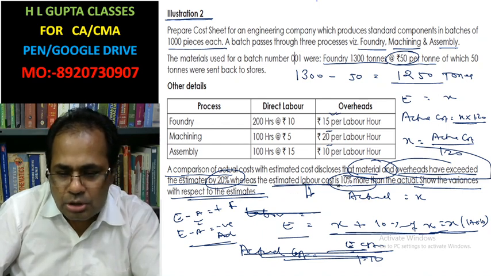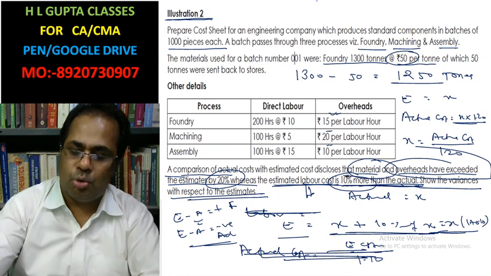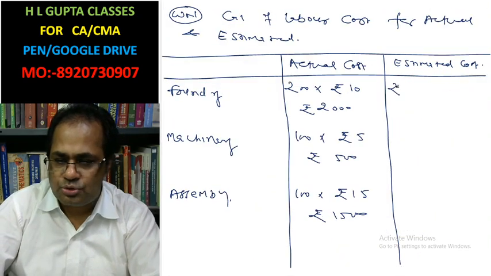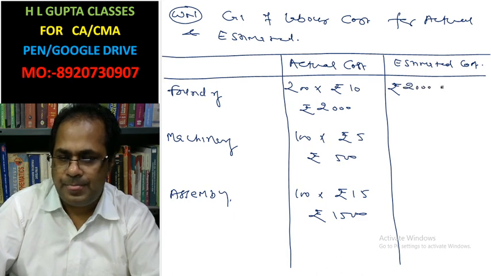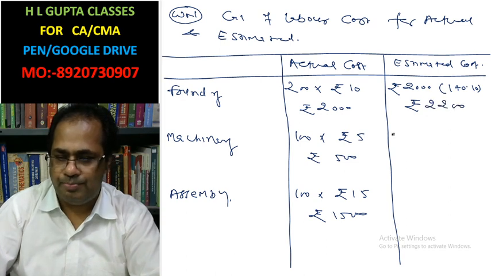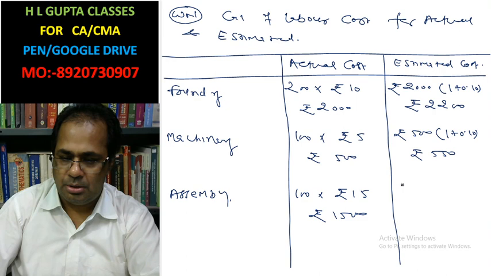The information given is that estimated labor cost is 10% more than the actual. If it is 2,000 here, you multiply by 1.10, this is 2,200. Rupees 500 here, 1 plus 0.10, this is rupees 550.